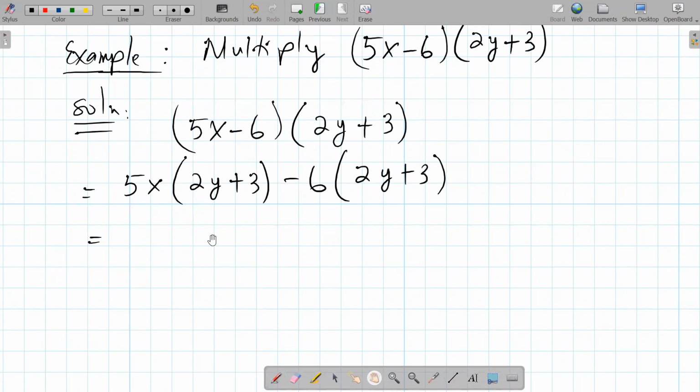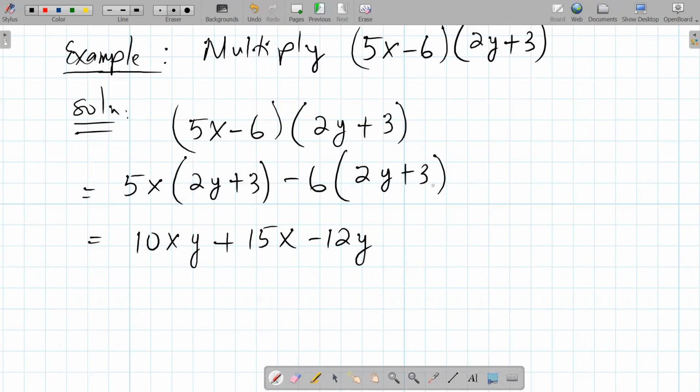5 times 2 is 10. The x and the y will multiply, it will give you xy. 5x times 3 will give you 15x. Over here, negative 6 distribute through, negative 6 times 2, negative 12y.